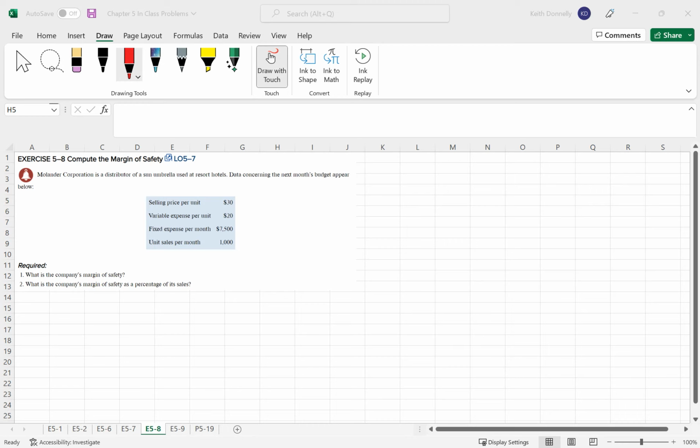Okay, so what's going on here is in order to calculate the margin of safety, the first thing we have to do is calculate our break-even in unit sales.